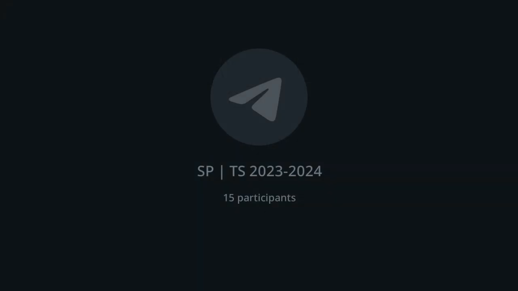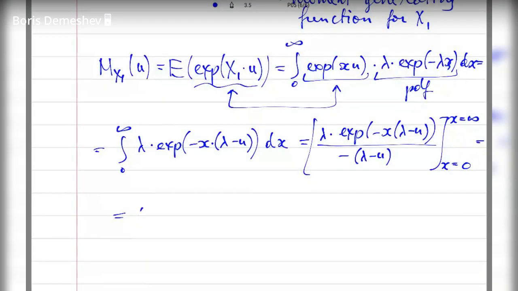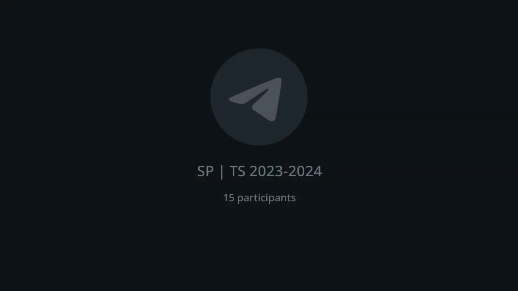I think we are done. We will have 0 minus lambda over minus lambda minus u, so lambda over lambda minus u. So that's the moment generating function of x1.